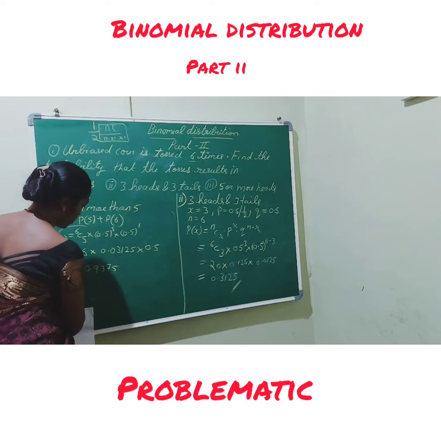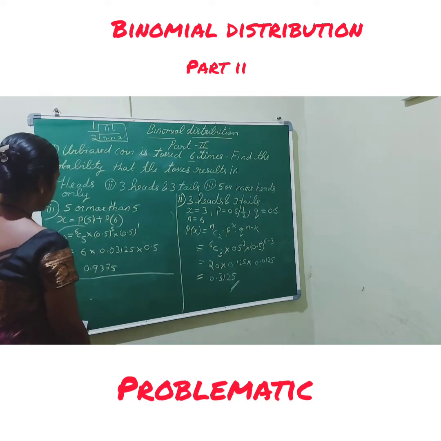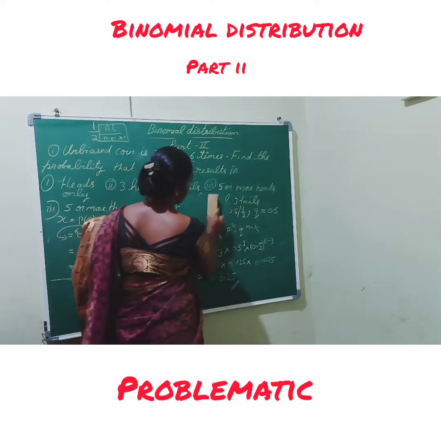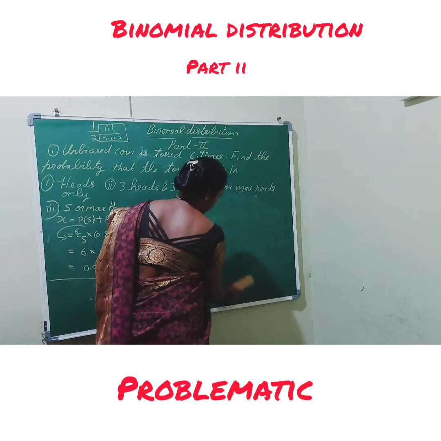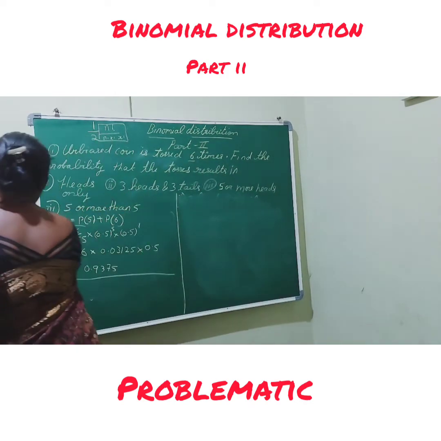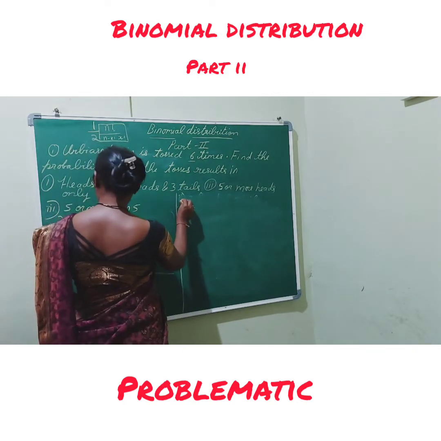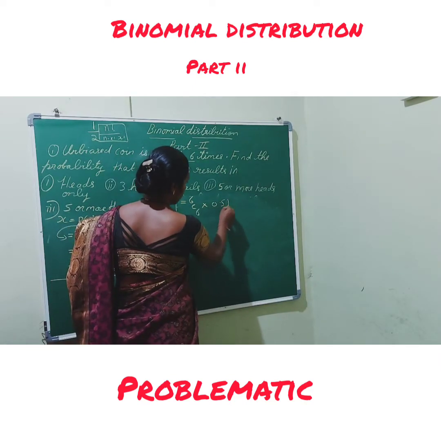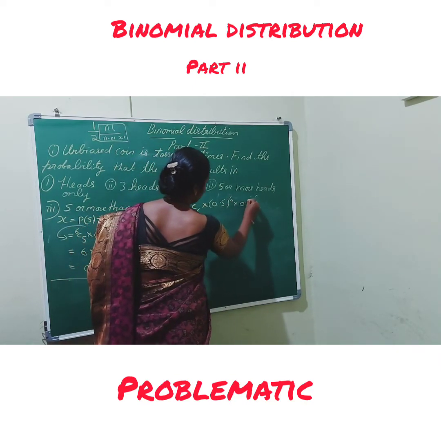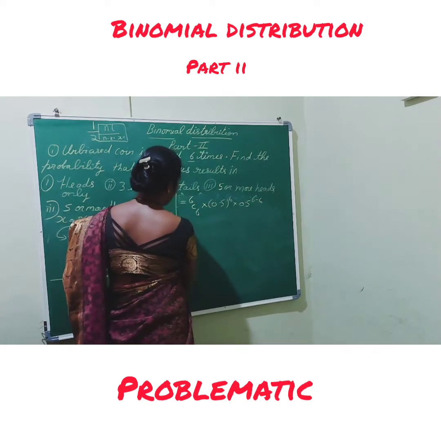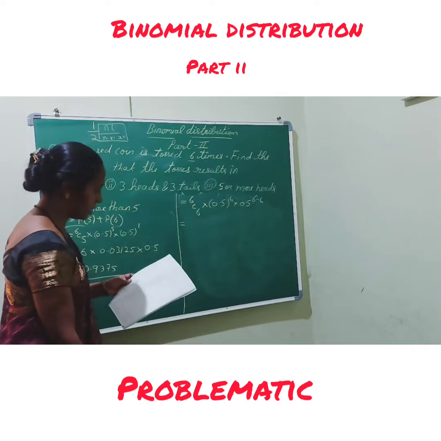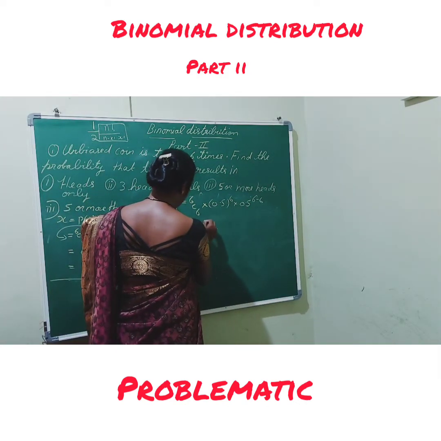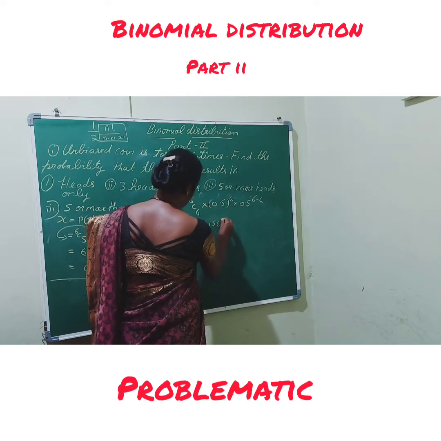Now again we have to solve for 6. So now we have to solve regarding 6. So now 6C6 into 0.5 raised to 6 into 0.5 raised to 6 minus 6. This we have already solved in the first part, 6C6. So straight away I will write the answer. My answer is 0.015625.